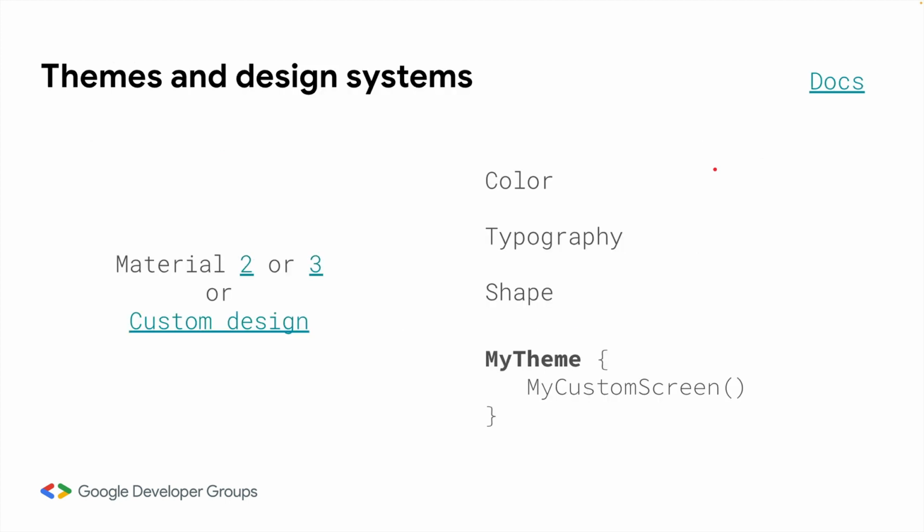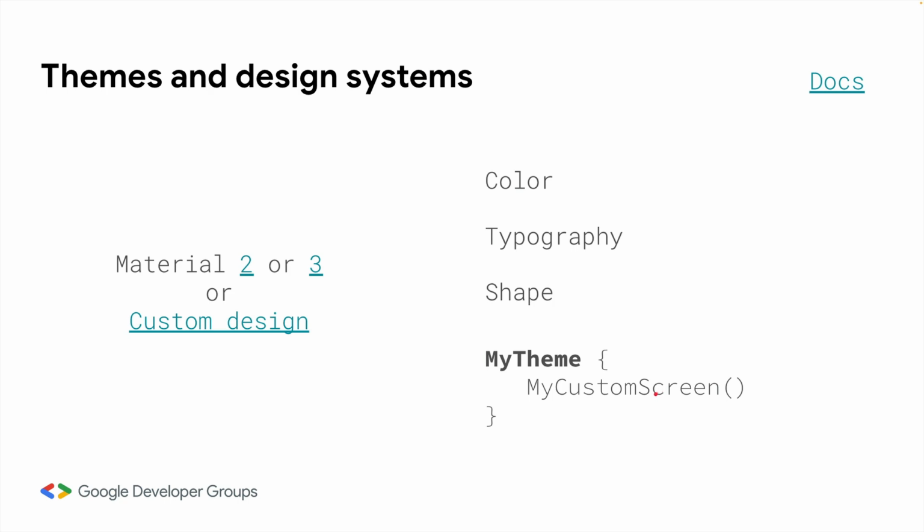The other way that you can change what your UI looks like is if you use a theme. A theme will change the color, the typography, and the shape used over an entire app or an entire section of the app. And how you apply a theme is you wrap your composable screen.